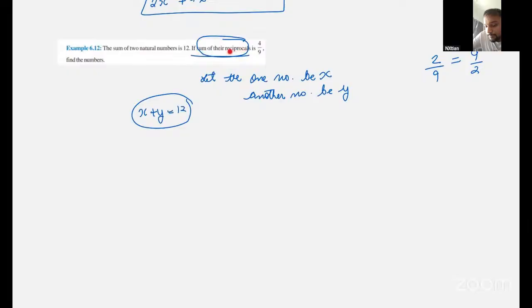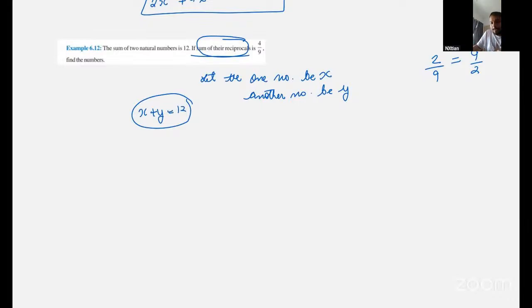First one, maybe there will be x plus y equals 12. That is correct. Second one. Sum of their reciprocal. Reciprocal means upside down.